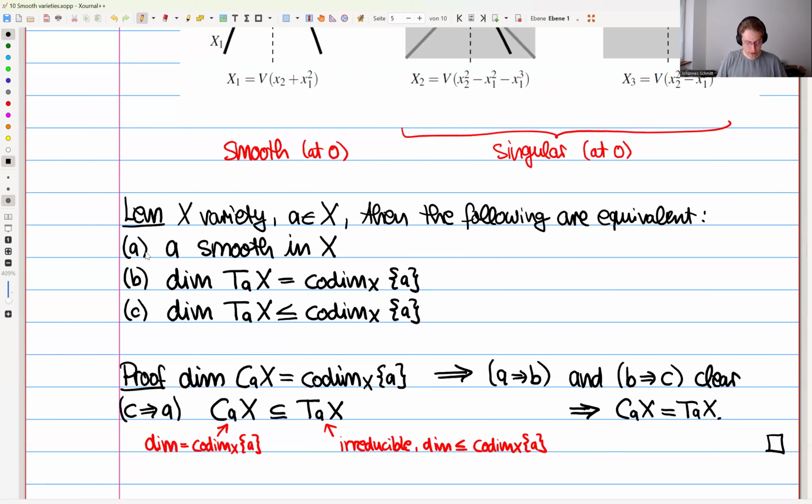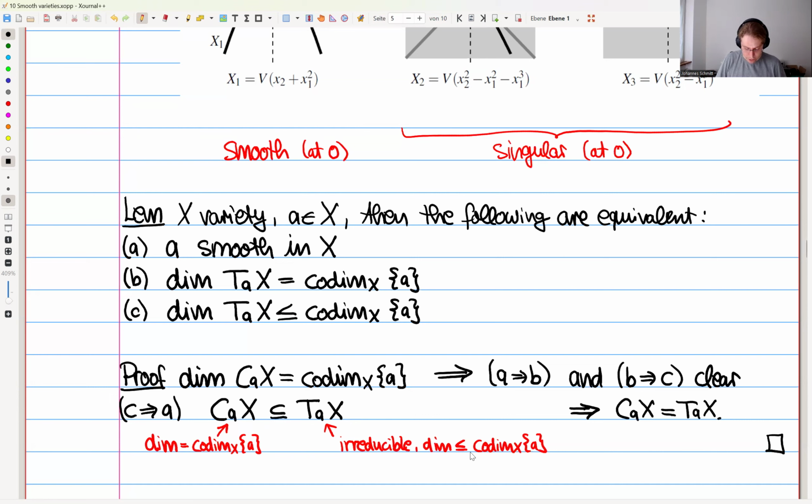But we started out reminding ourselves that C_A of X is always contained in T_A of X. And now we look at what the dimensions look like. So the dimension here, again, we use this thing here, is equal to the codimension of X at A. And this thing, the T_A of X, is first of all an irreducible space, because it's just a vector space, just isomorphic to some affine space.